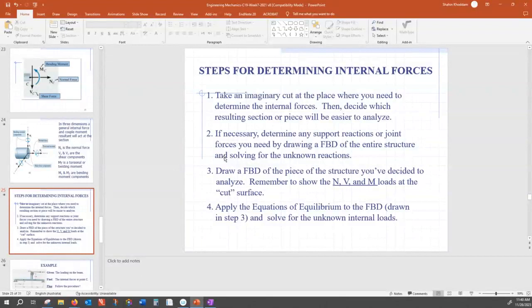So N, V, M, these are the three types of exposition. Before cutting, you don't have to include them in the free body diagram. But once you cut, your free body diagram should be self-contained. It should be independent from the universe. To make it independent, you plug these things into the bleeding vein.